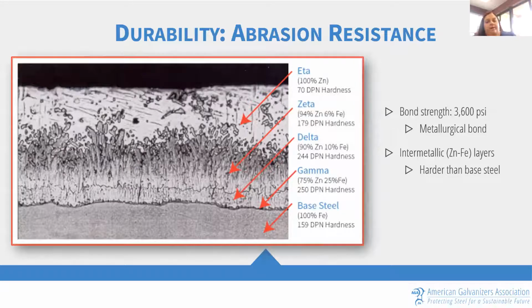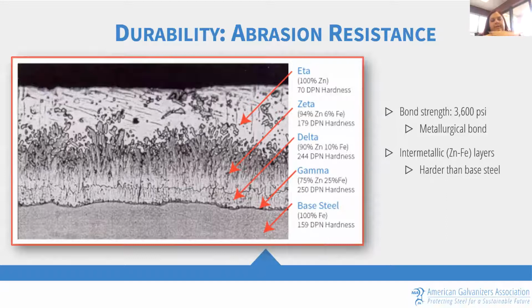Another benefit of hot dip galvanizing is its durability. And there are a few different areas within durability that really come into play. The first is its abrasion resistance. And this has to do with the fact that the galvanized coating is not just a surface coating on top of the steel, but basically becomes a part of the steel and is intermeshed with the iron of the steel. And this photomicrograph is showing that the layers of the galvanized coating are a combination of zinc and iron.